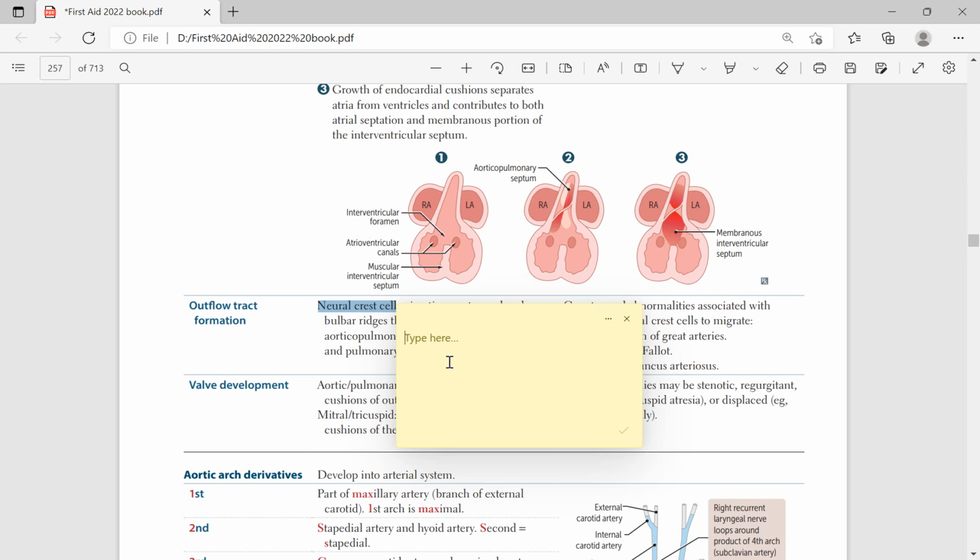Neural crest cell derivatives are the aorticopulmonary septum and endocardial cushion. It's partial, not full. Only a partial portion develops from here.